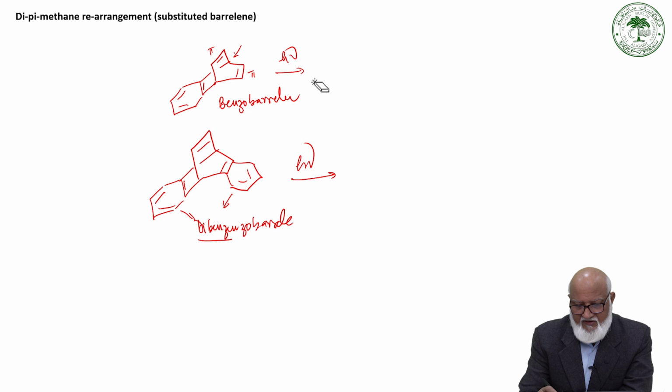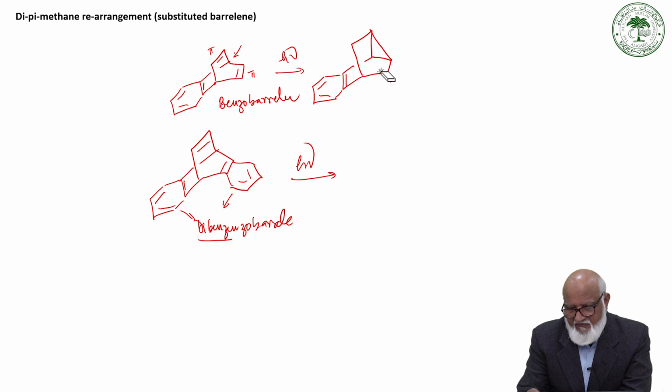If you write the steps involved in this, you can just write like this: by combining these two, involving these two double bonds, we can think of an intermediate like this. And of course there is no change in this part. There is a generation of a diradical here, a 1,4 diradical, with the formation of the 3-membered ring.